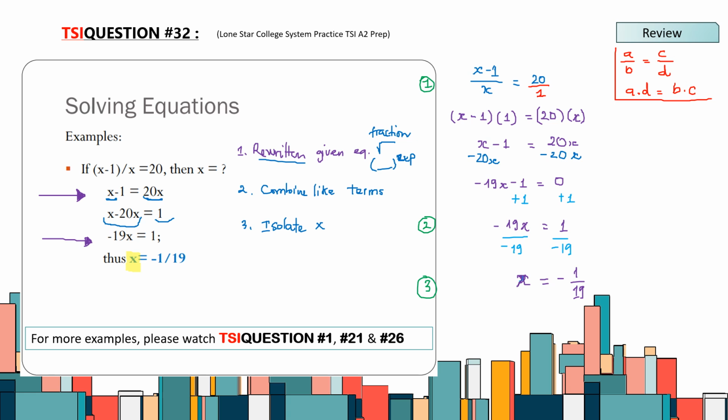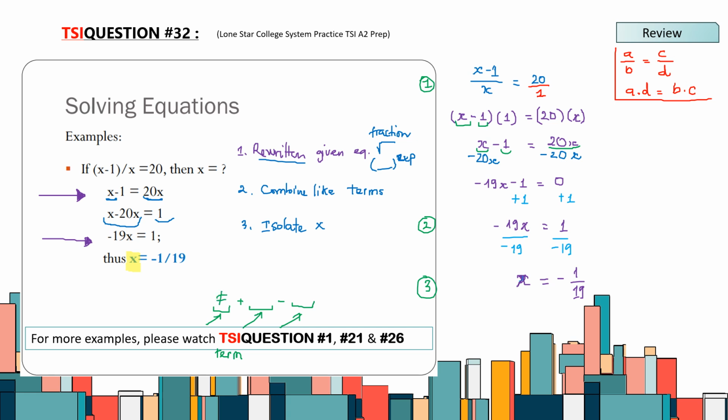So how do we move a term? A term is, you will see something plus or minus something. Each of the parts right here we call a term. So on this side we have one term, two terms, and on this side we have one term.